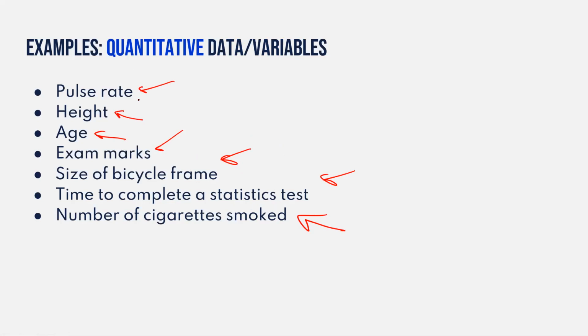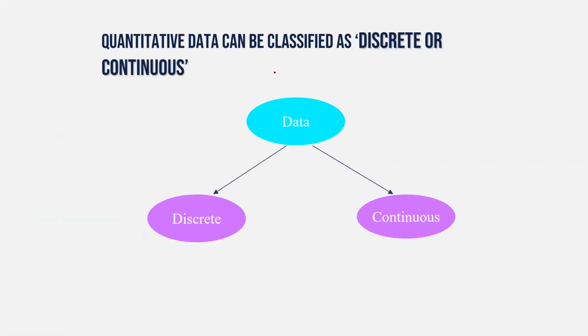It turns out that quantitative variables, such as the time it takes to complete a test and the number of cigarettes smoked in a day, can be a little bit more granular. Quantitative data can then be broken up as either discrete data or continuous data.